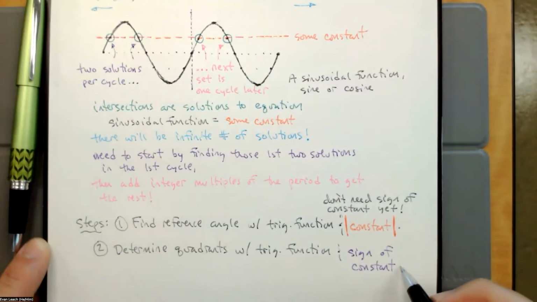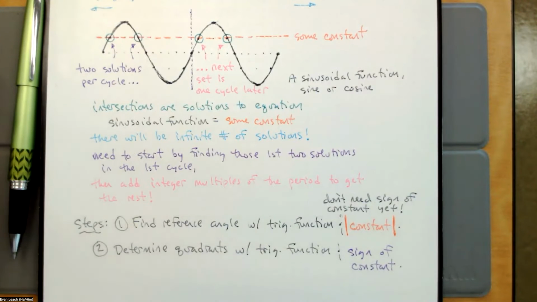Second, we're going to determine which quadrants we're in using the trig function and the sign, positive or negative, of the constant. We're going to place the reference angle in those 2 quadrants.